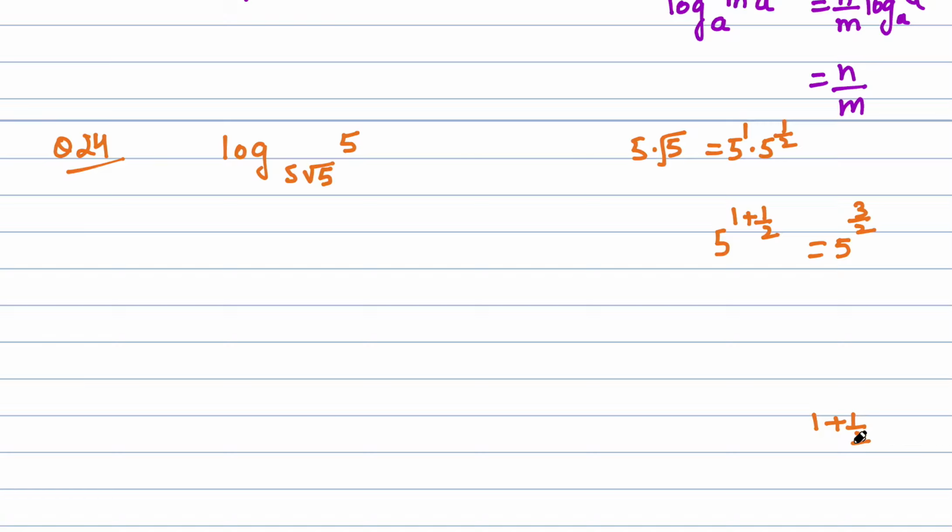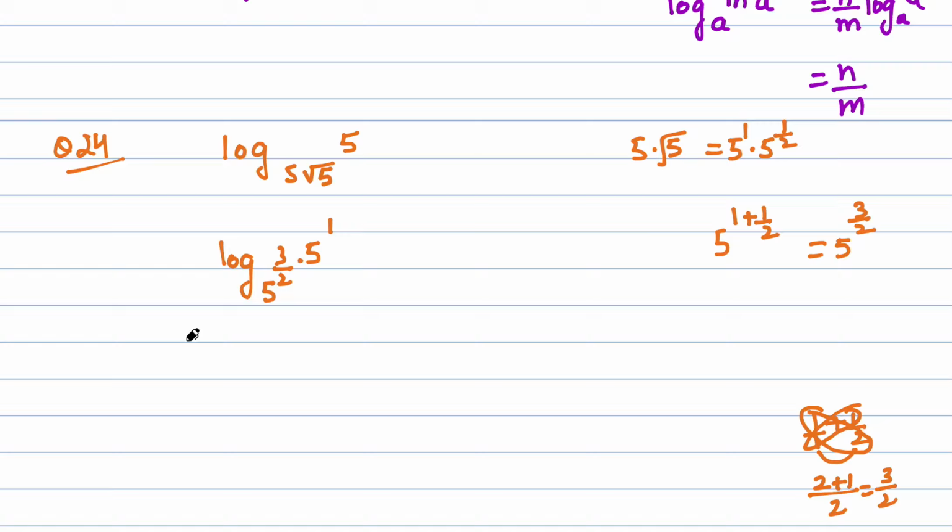1 and a half. Or if you want to apply the butterfly method, it's multiplying these two and multiplying these two and then the denominators. So 2 plus 1 is 3, and 2 times 1 is 2, so 3 by 2. That is the butterfly method. So that means I can write it as log of 5 to the power 3 by 2, to the base 5. Now both the bases and the values are the same.